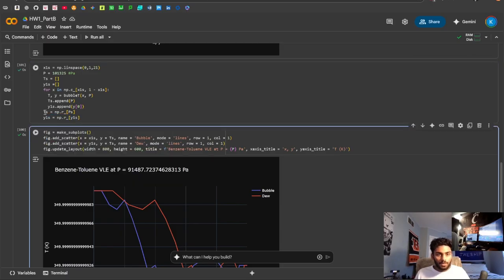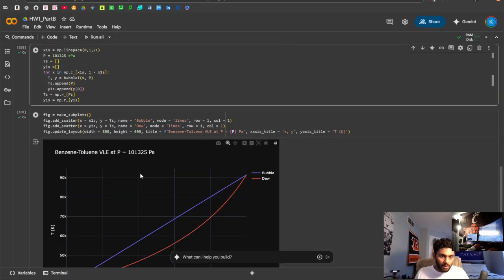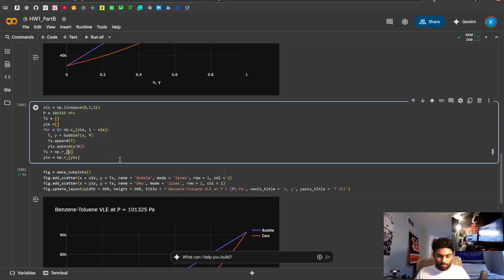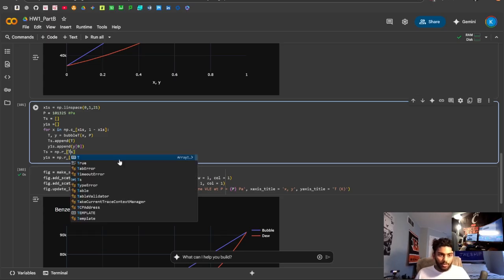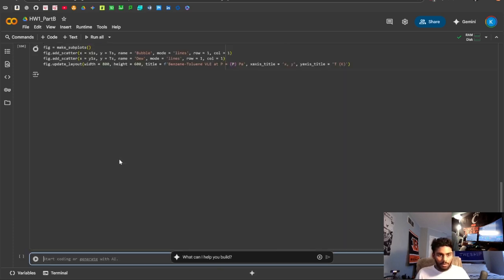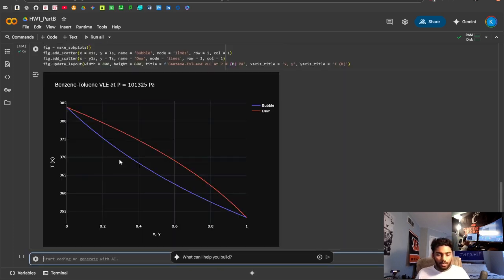Make sure that looks fine. This axis doesn't look right, and that's because I missed a couple things here. For one, we want to append temperatures to this, and we want to append that. Make sure that we're concatenating the right thing. Oh boy. And now it looks like we have a nice graph.